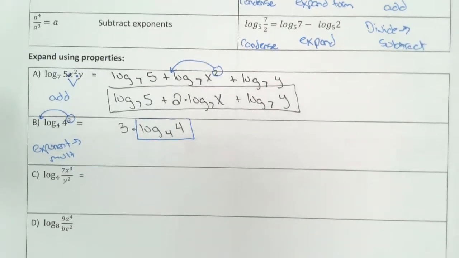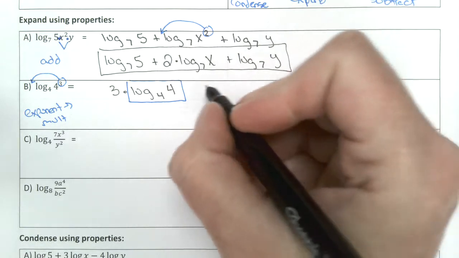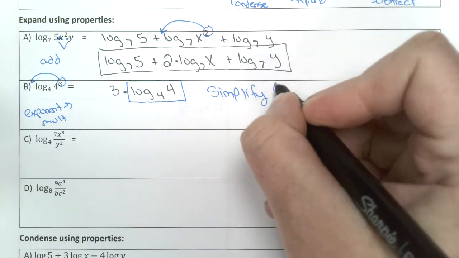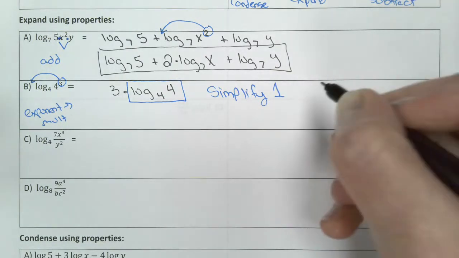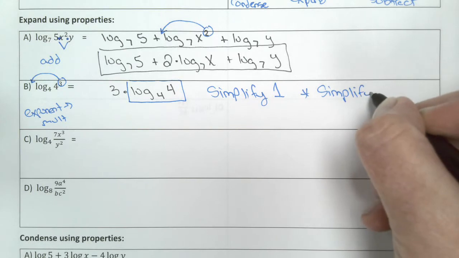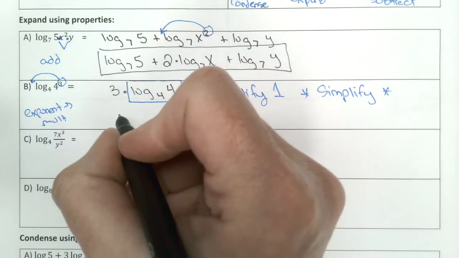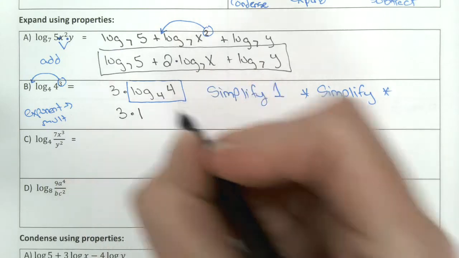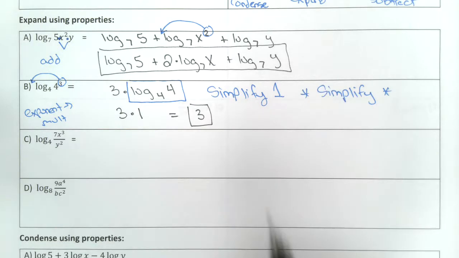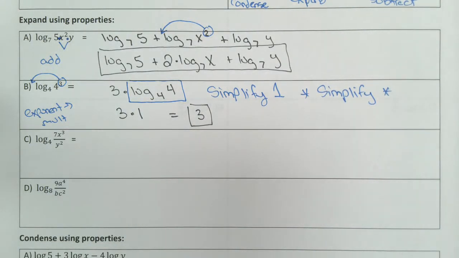Log base 4 of 4, we did this once back in a prior section, and this will simplify to 1. You need to always simplify when you can. So this becomes 3 times 1, which this whole expression simplifies to 3.